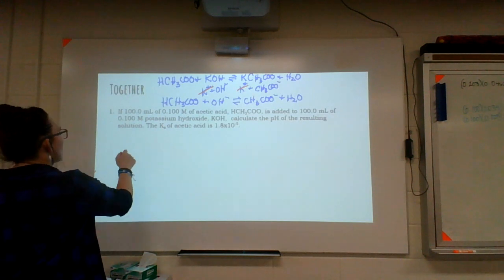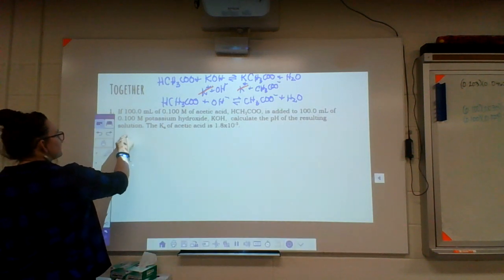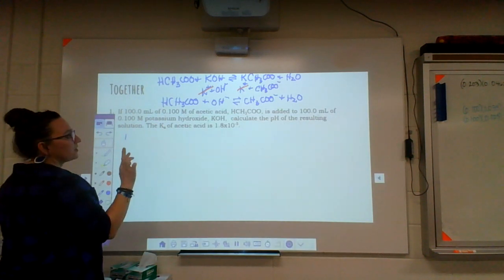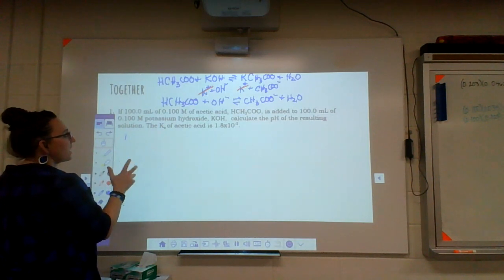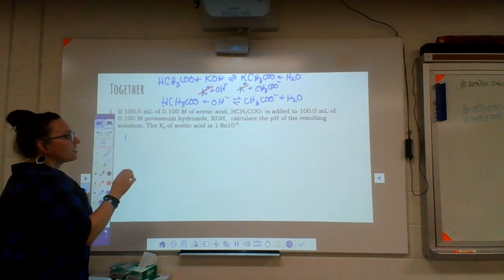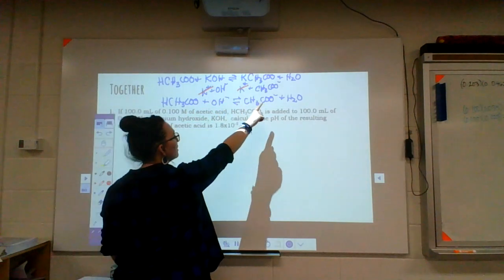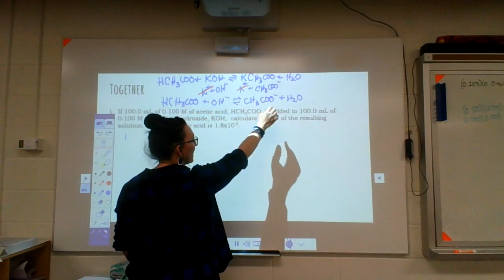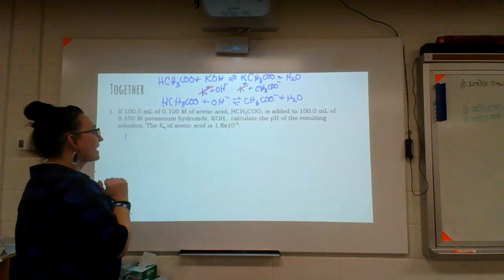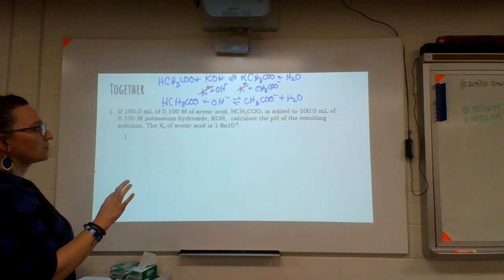So I'm going to rewrite down here, and I'm going to turn this around because when it's equimolar, this reaction is going to go to completion, and then the weak acid is going to reestablish equilibrium.